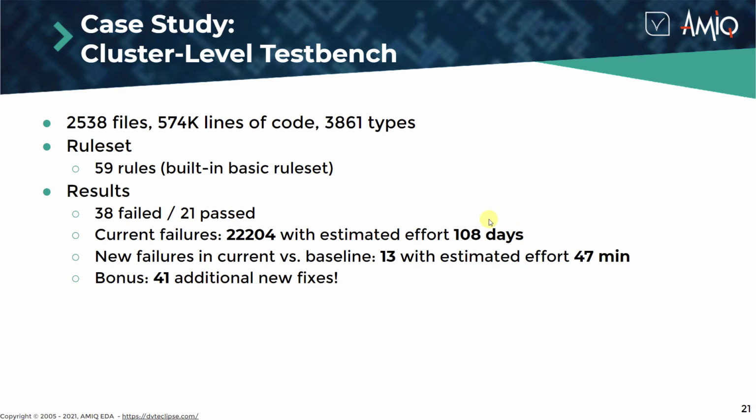Similarly with our previous example, a baseline was generated, some changes were done, then current and comparison reports. Not surprisingly, results are similar, because the new failures are proportional to the extent of our changes and not to the absolute size of the project. As expected, clutter is out of our way and we can focus on clean new code, plus an opportunity bonus of 41 additional fixes.